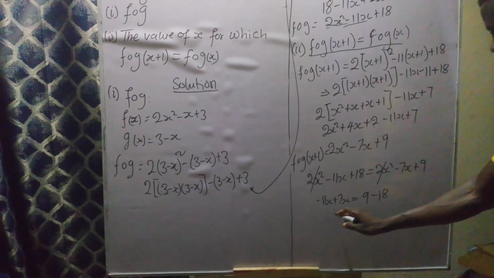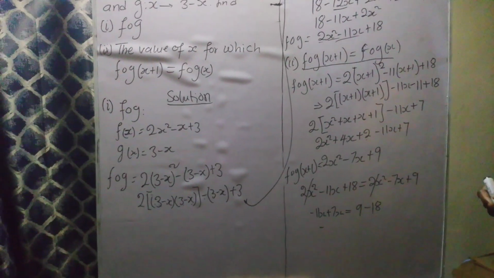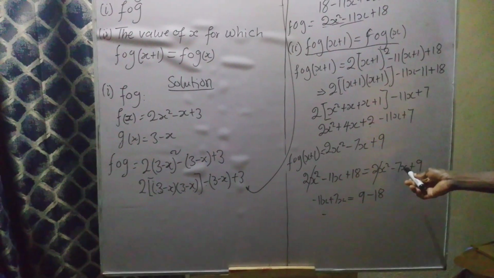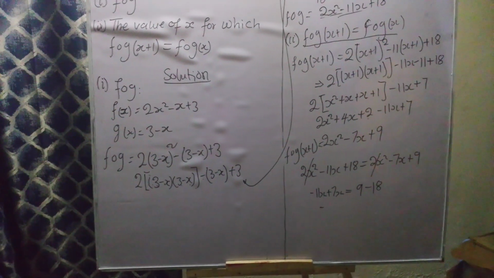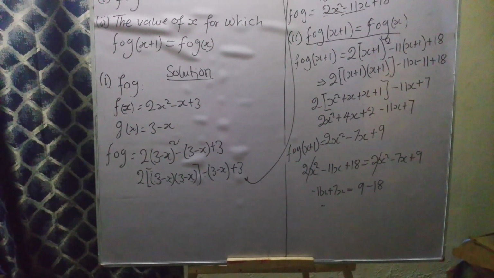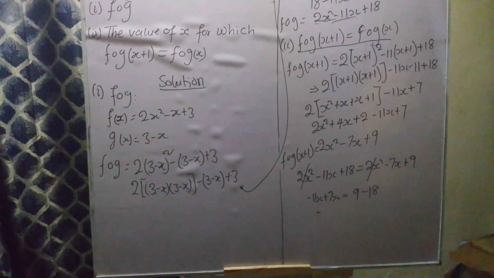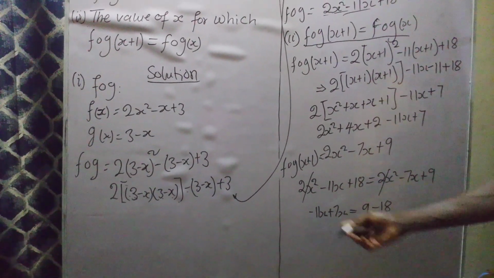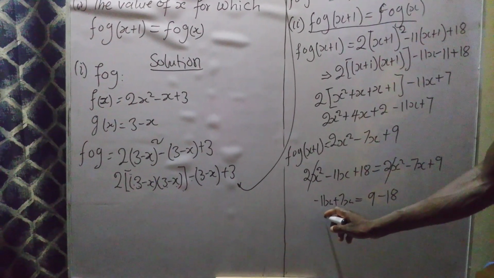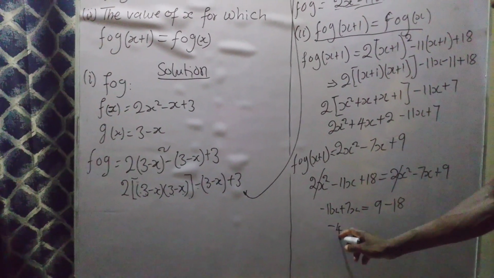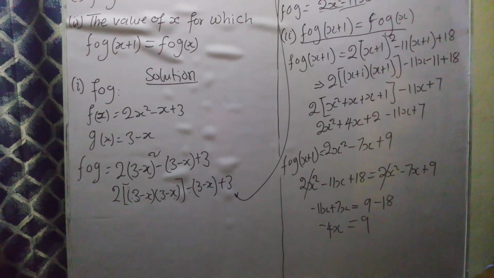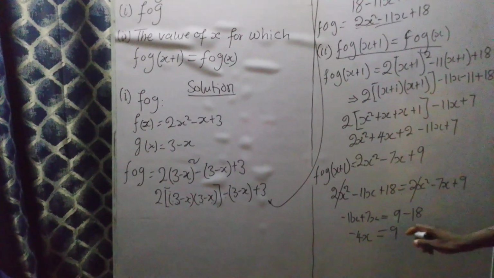Performing this, we get negative 4x equals negative 9.